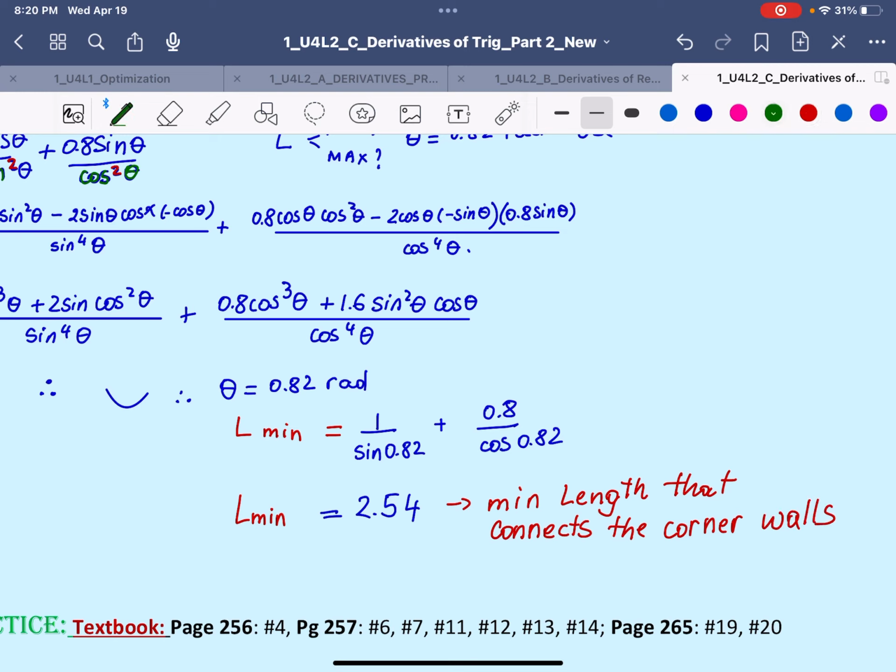So therefore, we're going to say that the maximum length of the pole would be equal to 2.54 meters. So we cannot go higher than that because the distance between the walls won't allow for it.